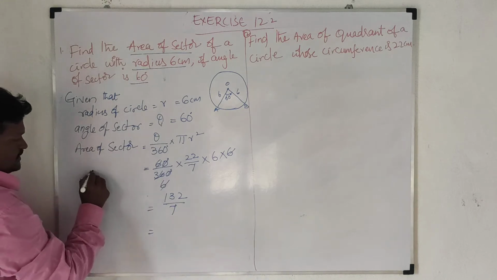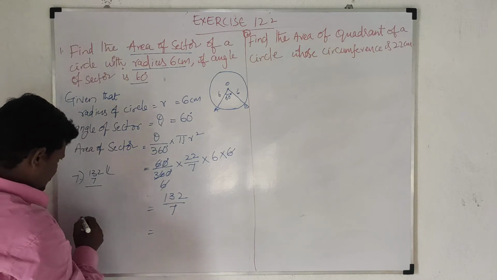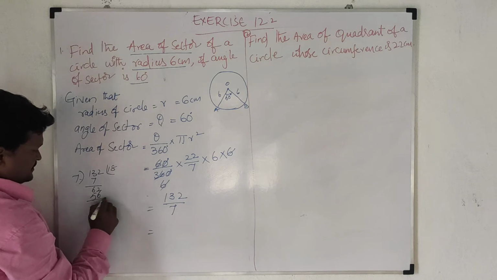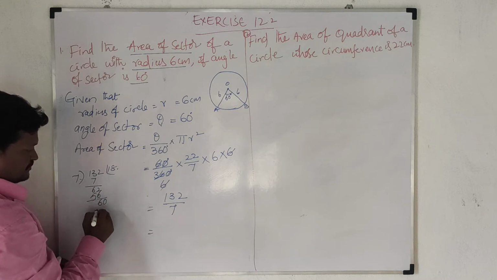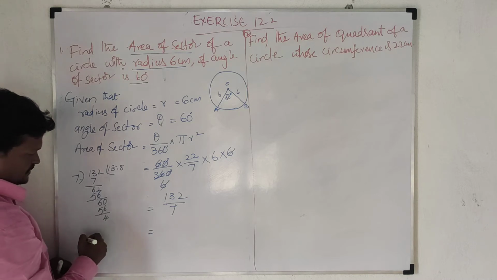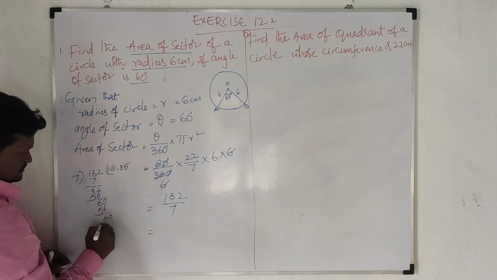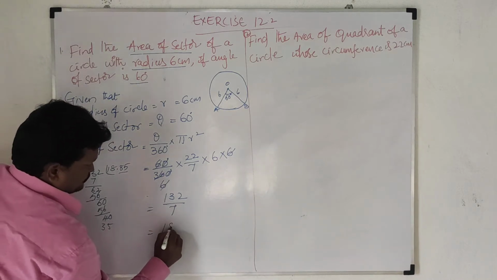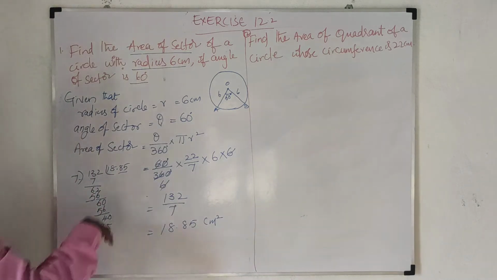Now divide 132 by 7. 7 ones are 7, 7 eights are 56, 12 minus 6 is 6. Take the point. 0. 6 eights are 56. 7 fives are 35. Up to 2 decimal points it is enough. Therefore 18.85 centimeter squares is the area of the sector.